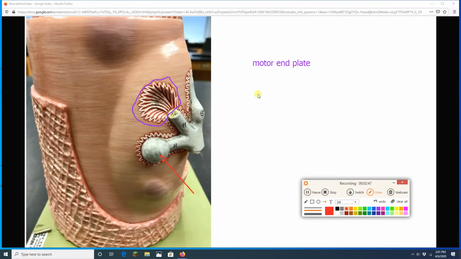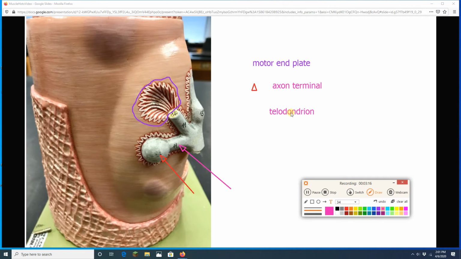There's an axon terminal right there. The axon terminal, of course, is the end of our neuron. And we see some telodendria. Here's a telodendrion right there.